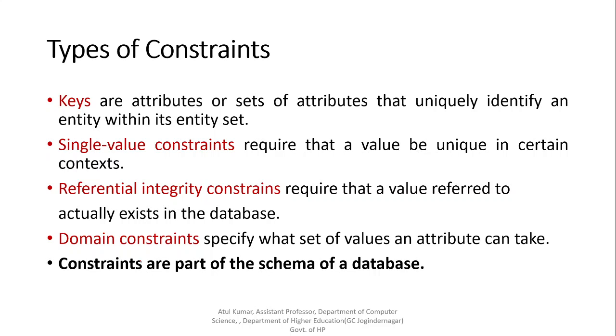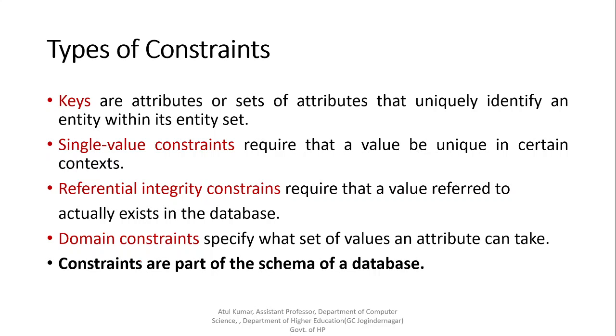So the first constraint is key. Keys are basically the attribute or set of attributes that uniquely identify an entity within the entity set. The next constraint is single value constraint. It requires a value that is unique in certain contexts.